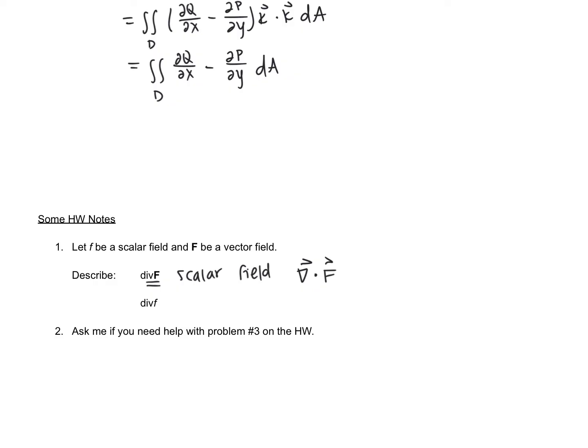But then if we take the divergence of little f, so again, we're taking the gradient operator and dotting it with little f, well, little f is just a function. We can't take a vector and dot it with a function. So in that case, this is meaningless. So that's just an example.